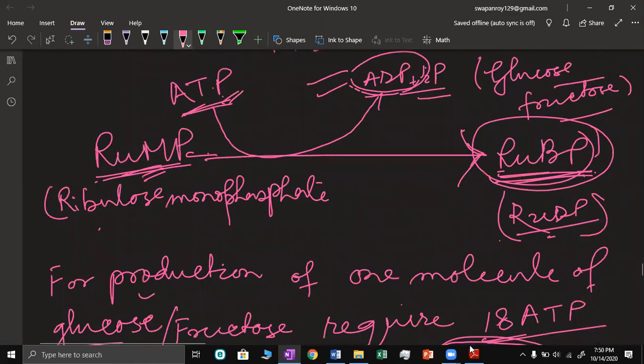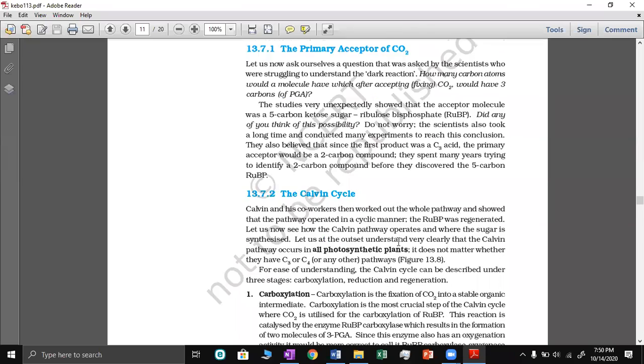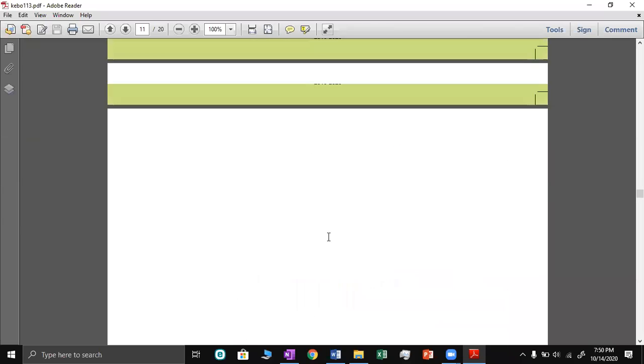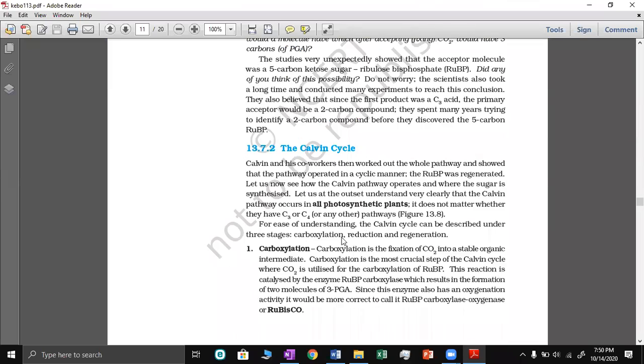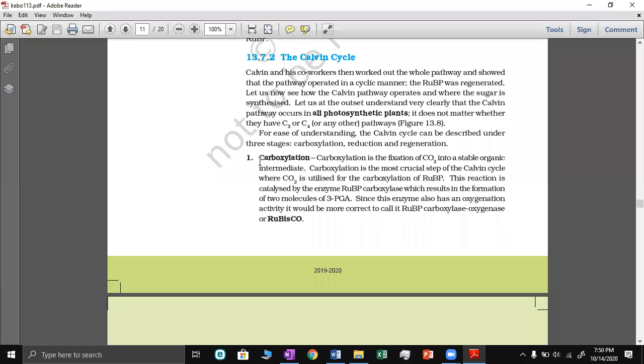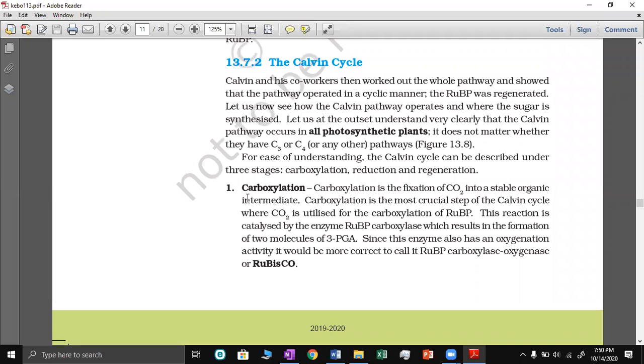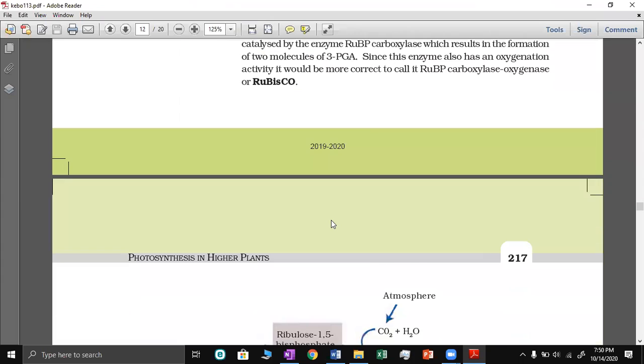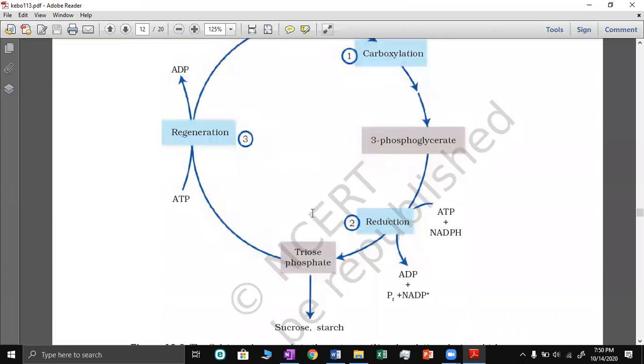You can see here in your book, there is the Calvin cycle. There is carboxylation. Then this cycle has been given.